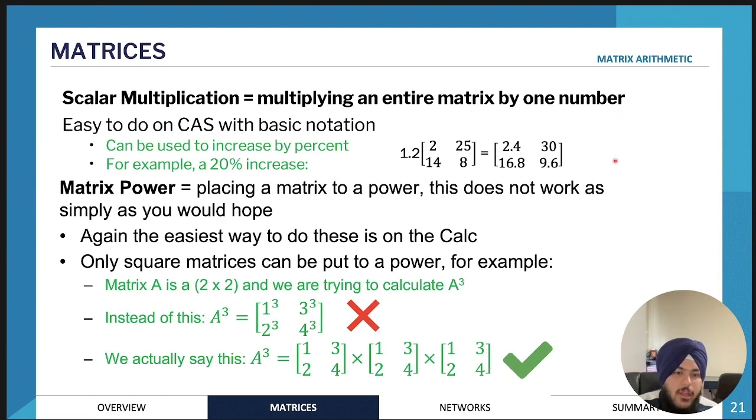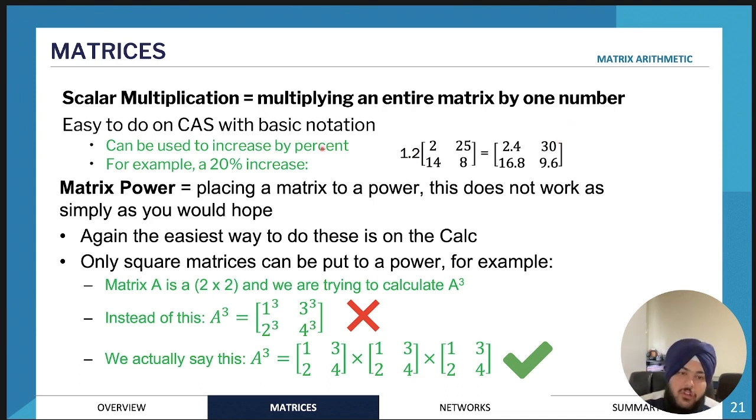Okay, so now we'll have a look at scalar multiplication. Scalar multiplication is a little bit different than matrix multiplication, because in scalar multiplication, you're multiplying the matrix by just one number. It's a scalar, it's not a matrix. For example, multiplying this matrix by 1.2 would be scalar multiplication.